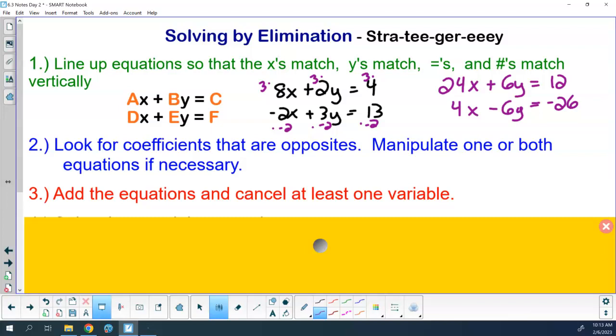So in this particular case, if I add them together, I would get 28x equals negative 14.